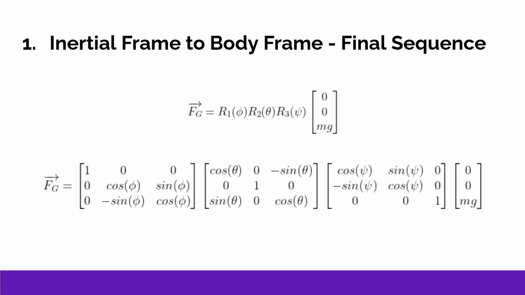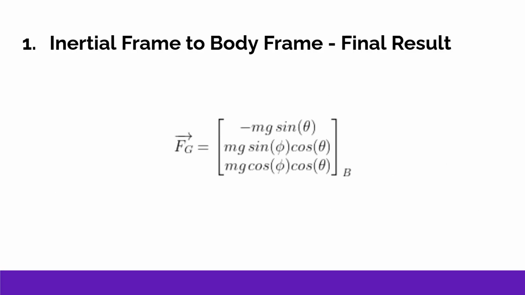So now that we have all three rotation matrices, we can multiply all three of them by the vector that we wish to transform from the inertial frame to the body frame, and in this case it is going to be the weight vector. So it is going to yield this, and it is the same vector, but this time it is expressed in the body frame. The components are expressed in the body frame.